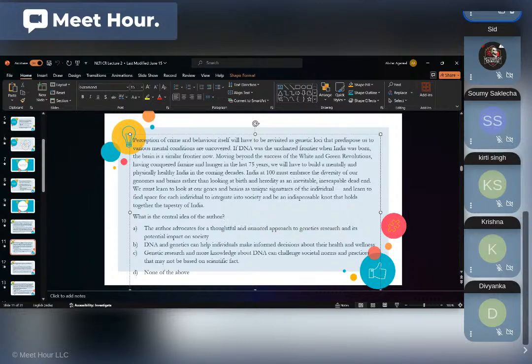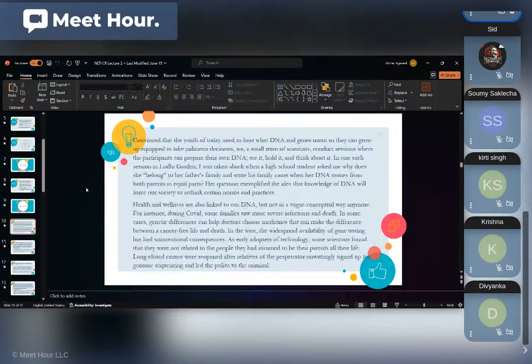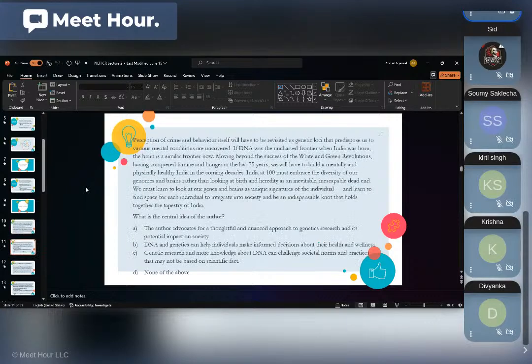Rather, the author's argument is about using DNA and genetic research as a tool to change the societal perceptions which we have, right? Yes.